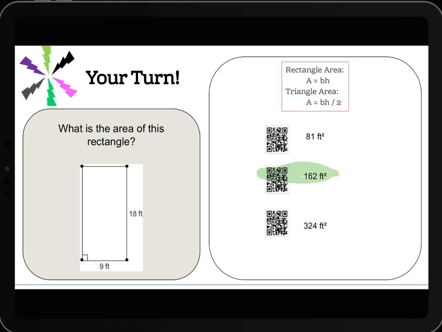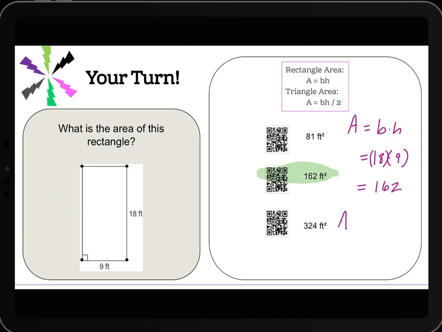So we know that the area of a rectangle is the base times the height. The base could be 18 if you wanted to call the base 18. The height could end up being 9. When you take 18 times 9, or if you want to use parentheses, that's fine too, you end up with 162.